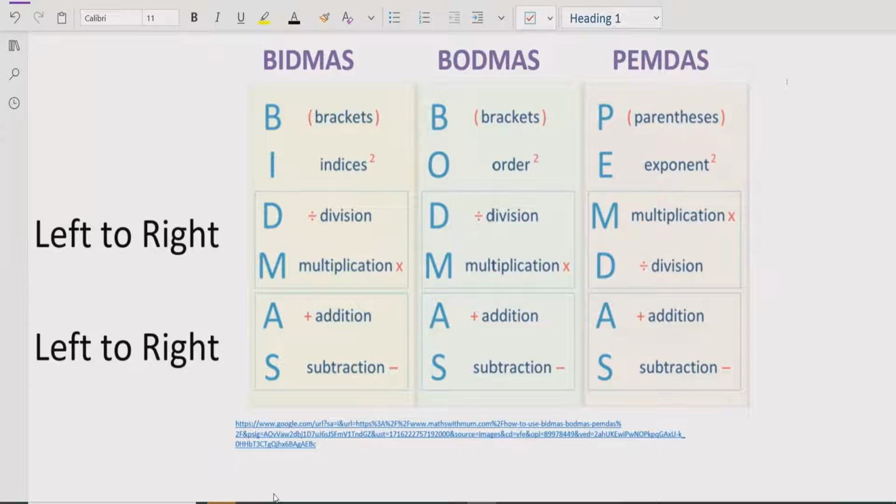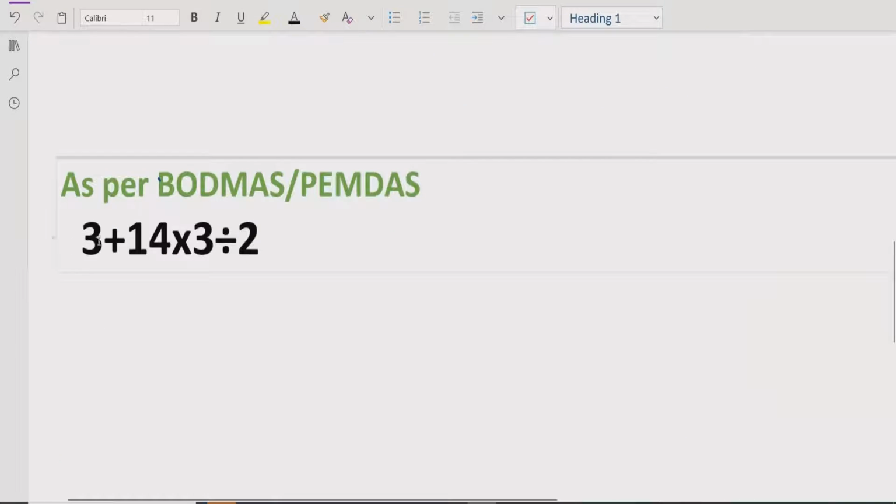Now, let's move to the expression and solve it using BODMAS, BIDMAS, or PEMDAS. So now we have the expression 3 plus 14 multiplied by 3 divided by 2. We can solve this expression using the BIDMAS, PEMDAS, or BODMAS rule. The rule says that if your expression has any parenthesis or bracket, you solve that part first.